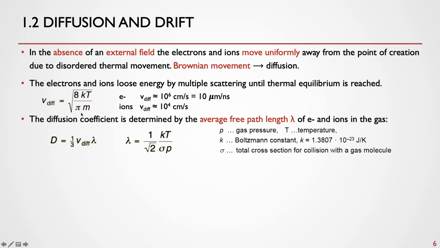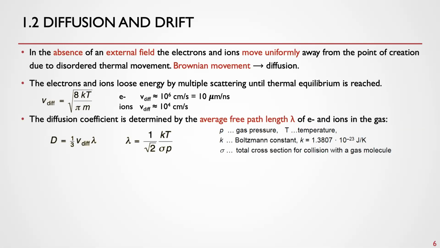If you insert the numbers, because of the large mass difference that appears here in the denominator, electrons have a very high diffusion velocity of 10 micrometer per nanosecond. Now, a micrometer is not a large distance, and a nanosecond is not a long time. If you put in the numbers, that's 10 kilometers per second.